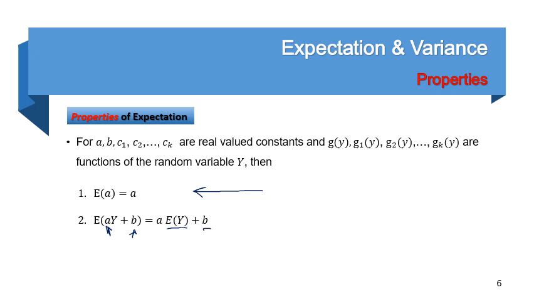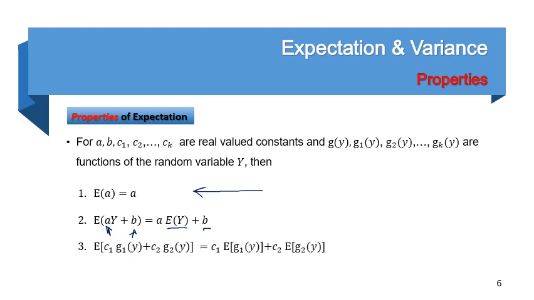It's easy: you drag the expectation inside the bracket, the a, since it's a constant, will come out, then you get the expectation of y, you plug it here, then you calculate the whole thing, a mu, or a times the expectation of y, plus b.